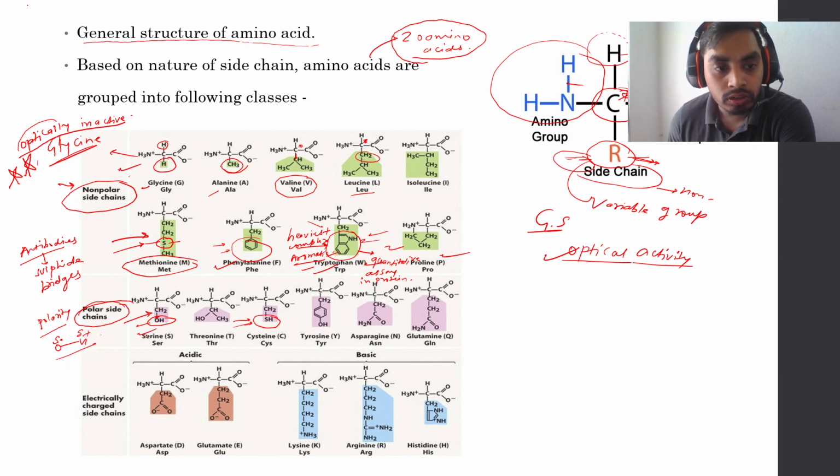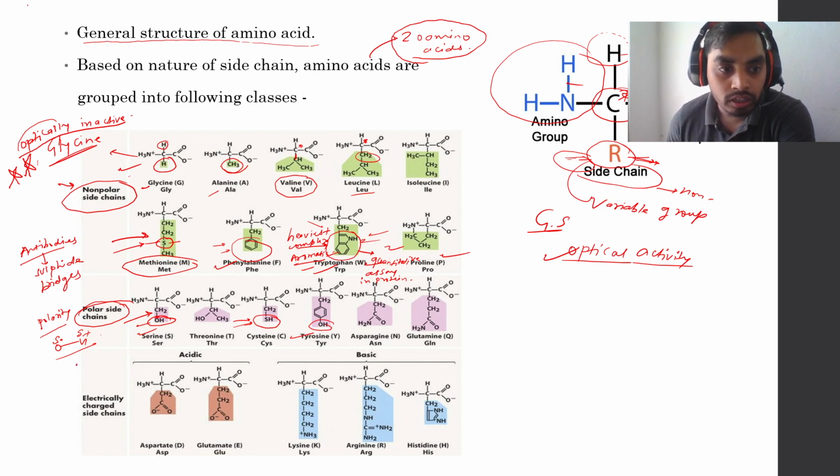This OH is a polar group, so the amino acid will also be polar. So this serine is important because there is an OH group present. Similarly, one more amino acid also has an OH group, that is tyrosine. These contain an alcoholic group.